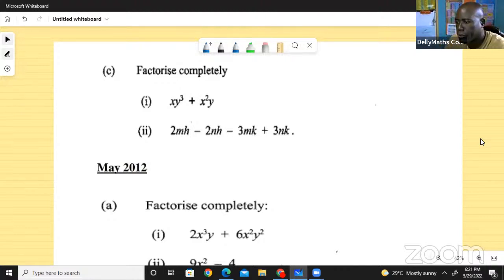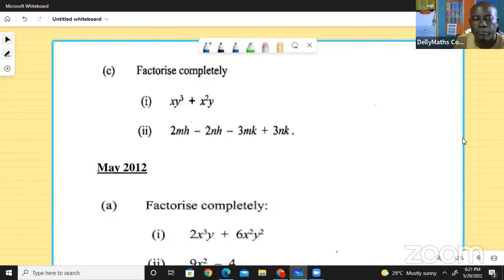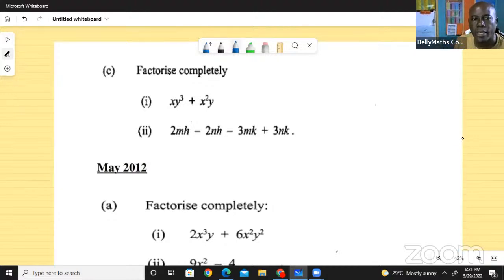All right. So we're going to check this out now. I might just rewrite this up top to give me some space to work. So we have xy to the third plus x squared y. We're factorizing, and we're definitely seeing that we have a common factor here. The common factor is actually x and y together.